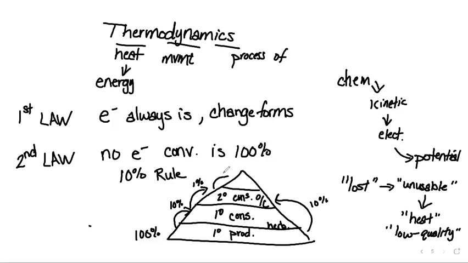That consumer gets eaten by the tertiary consumer, which is most likely a carnivore. That's going to end up getting only 0.1% of the original energy. Let's say that this consumer ate the secondary consumer here, which is actually an omnivore, so it can eat grass at the same time. It's going to get 1% of that original energy.